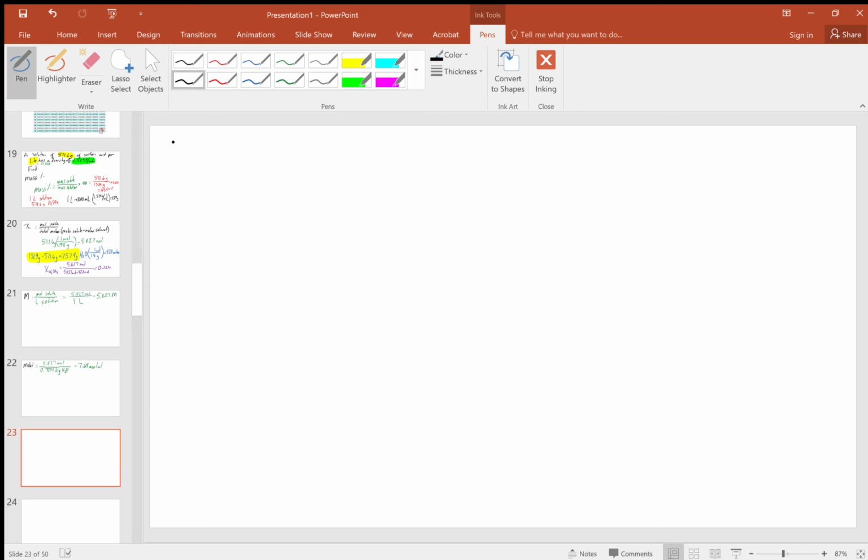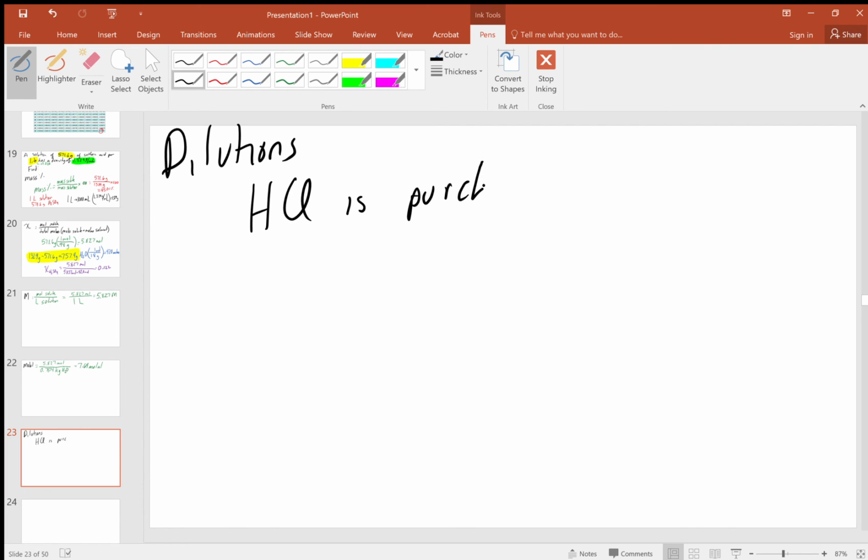All right, the final piece of this that we need is to talk about dilutions. So this is something we have to do very commonly. So hydrochloric acid, for example, we often purchase it as a 12 molar solution.